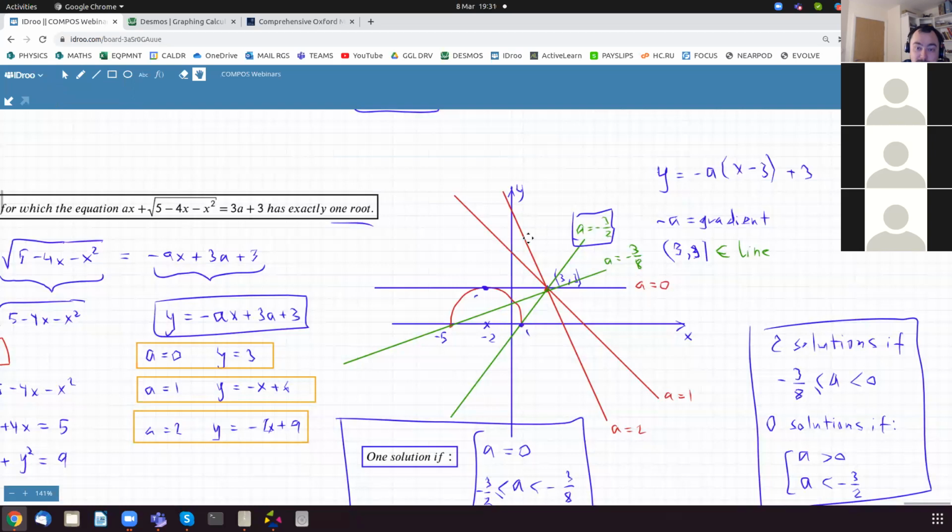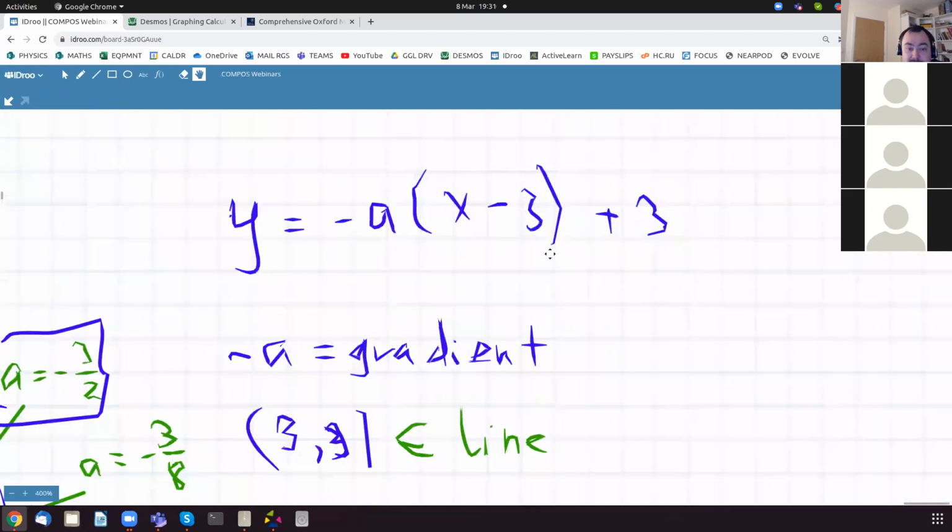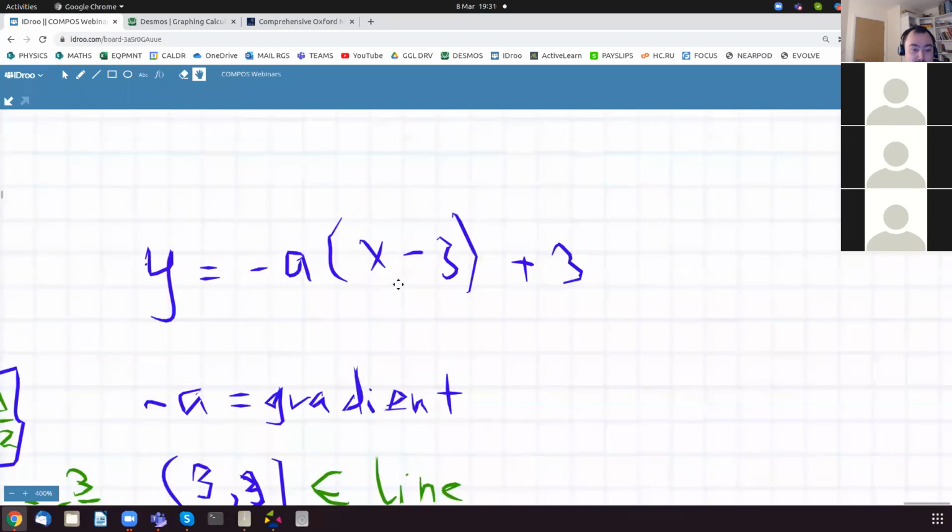But if you want to do it not by observation, then you write down the equation like this. So what is this equation? Well, this is a series of transformations of the graph. You start with the y equals x graph. Then you stretch it vertically, so y is minus ax.